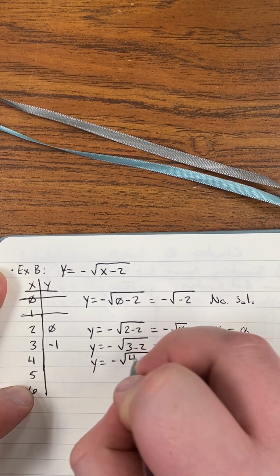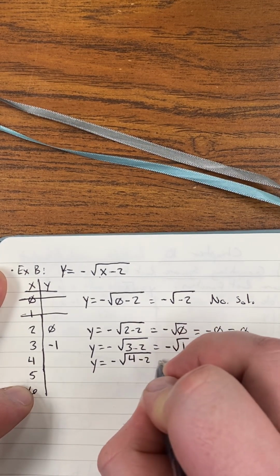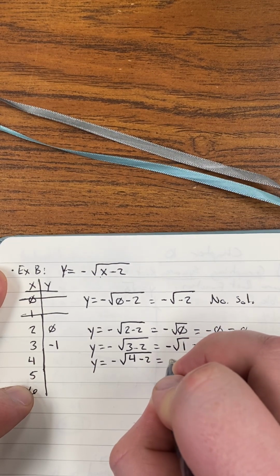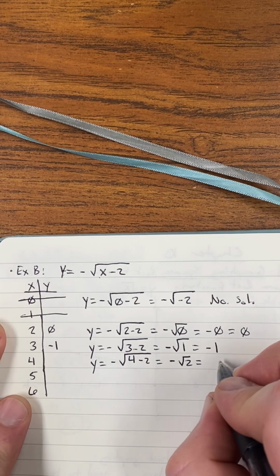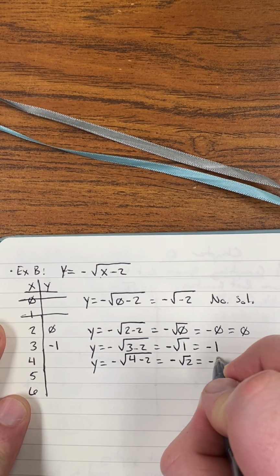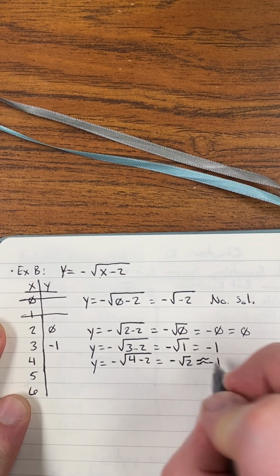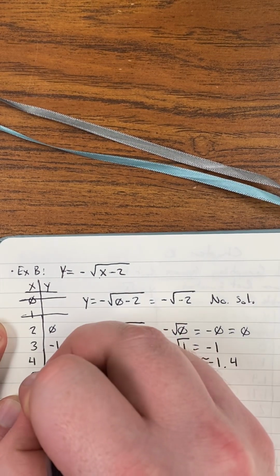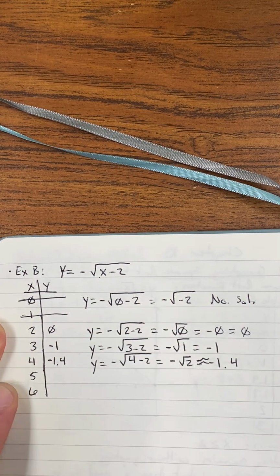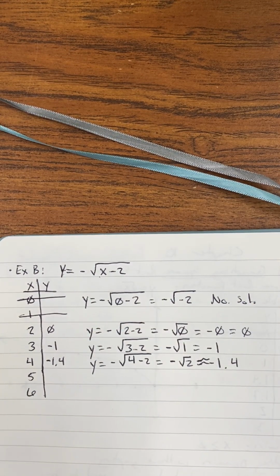Negative square root of 4 minus 2 equals negative square root of 2, which we learned from the last one. Square root of 2 is about, so I'm going to change these to about symbols, negative 1.4. Negative 1.4. And remember, when we're graphing, it's okay to have approximations.